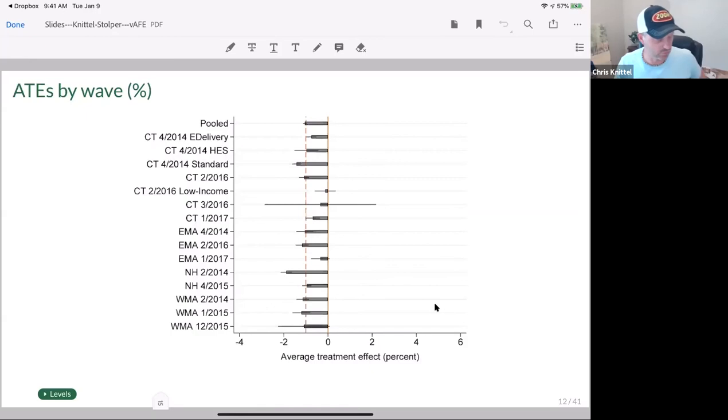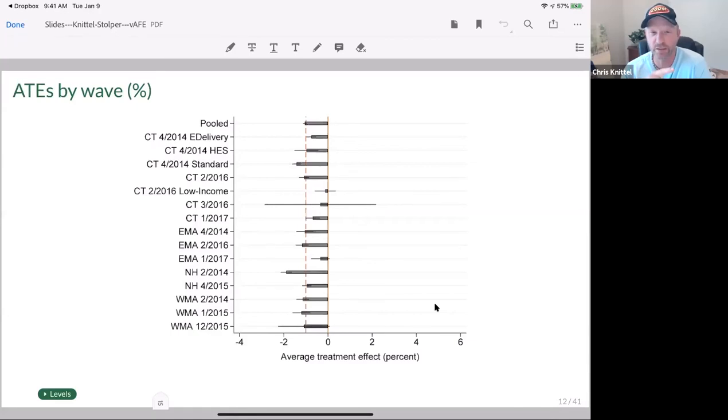Yeah, so those are two great questions. To be honest, in the forests, we haven't really fed it time, so we haven't let it partition the average treatment effects over time. That's something that we might want to try.